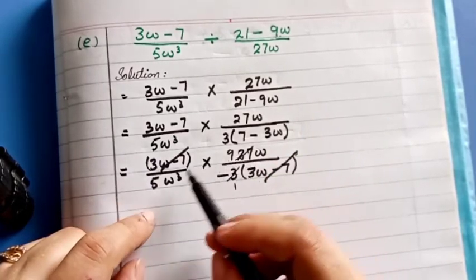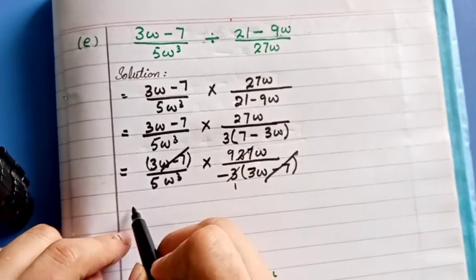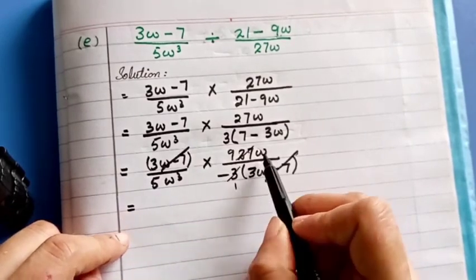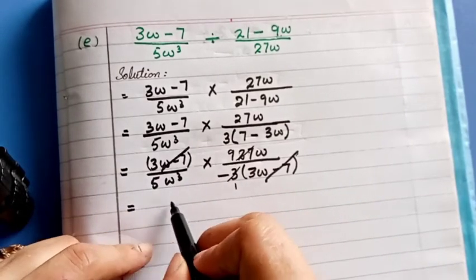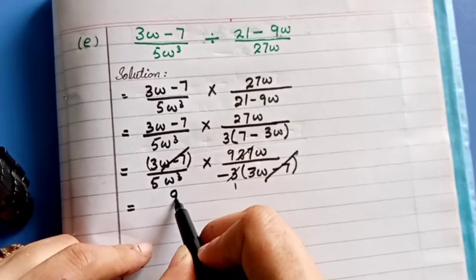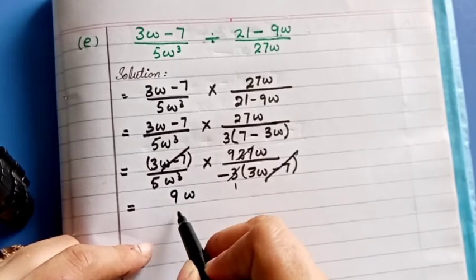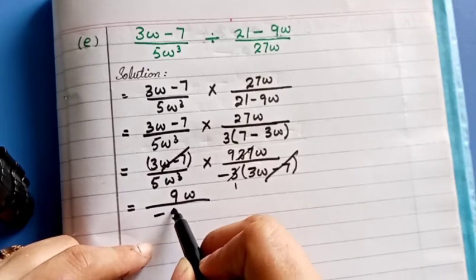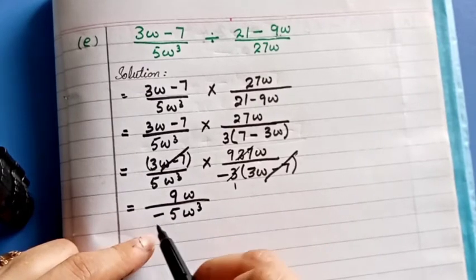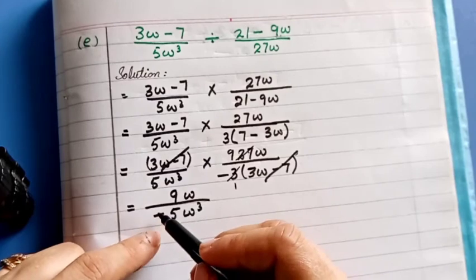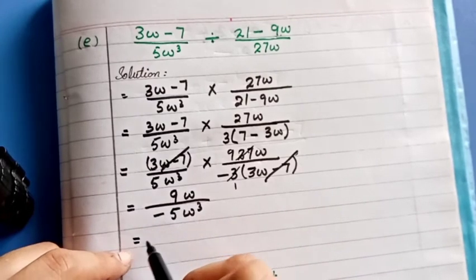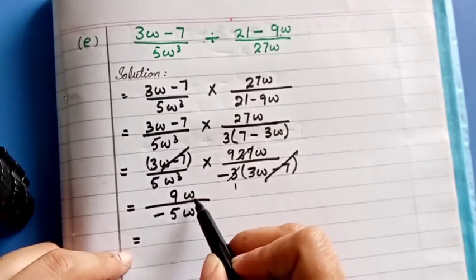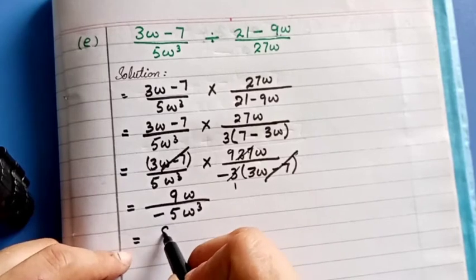Further, we cannot cancel any coefficient, so we just have to solve these two. But we are left with 9w upon minus 5w cube. We have to put this minus sign with the numerator, and we have to solve this w cube by moving this w towards the denominator.